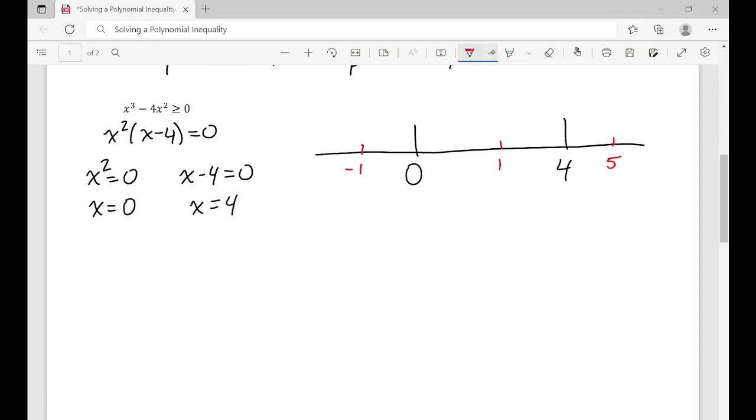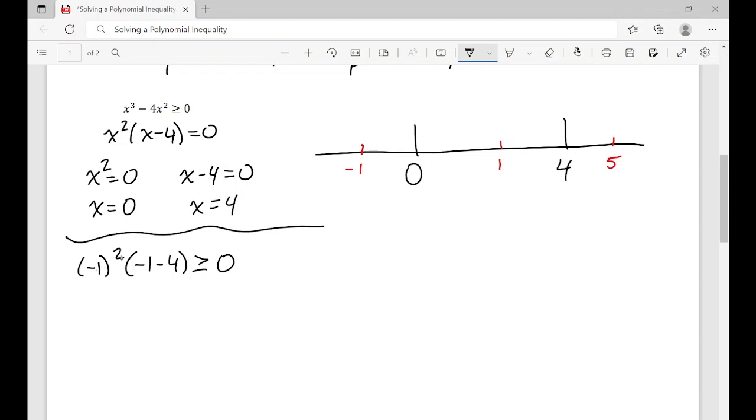So plug them into the original inequality and see what's true, or you can even plug them into the factored inequality, which is what I'm going to do because I think that's a little bit easier. I'm going to get negative 1 squared times (negative 1 minus 4) is greater than 0, because I can switch this back to the inequality sign since I'm not solving for it anymore.